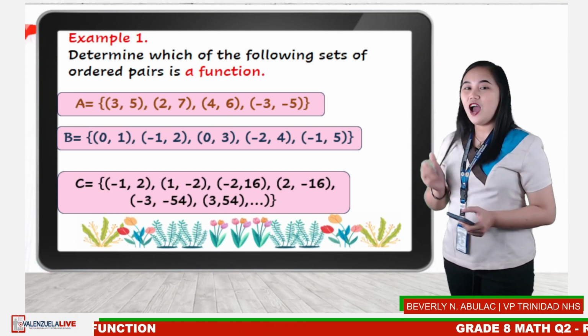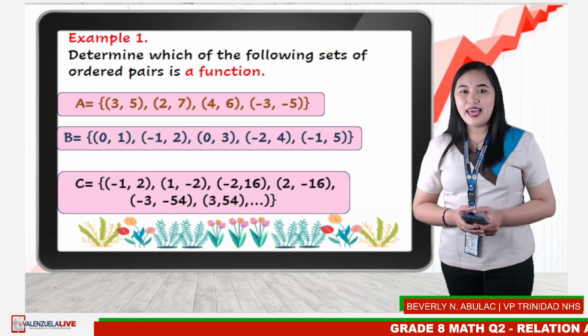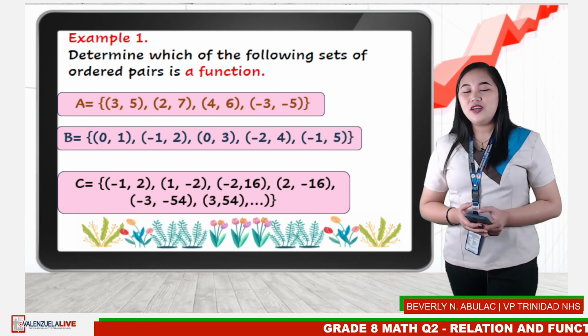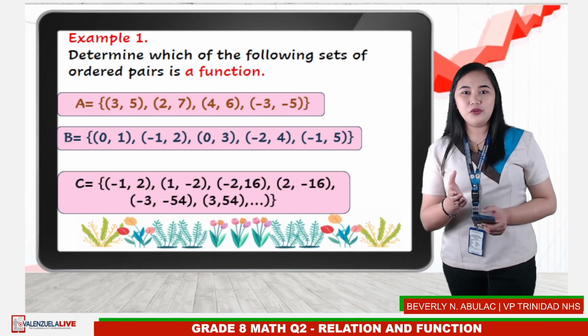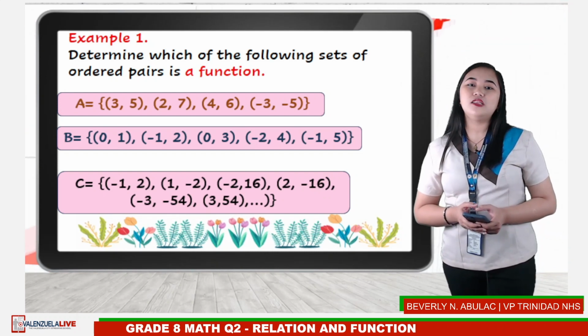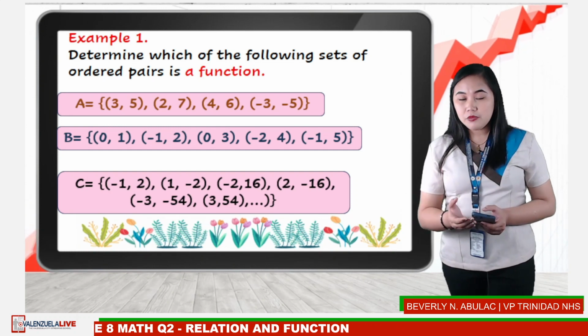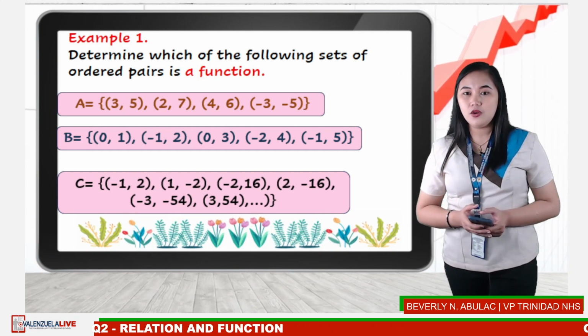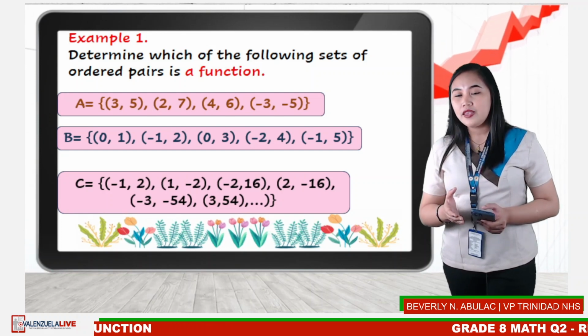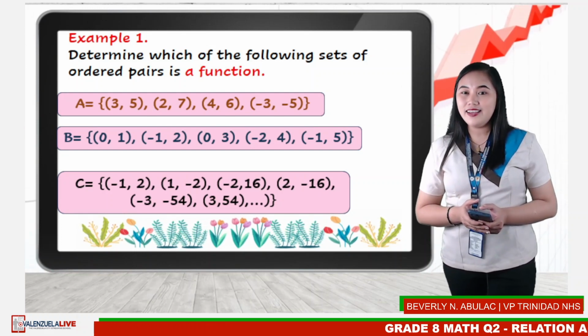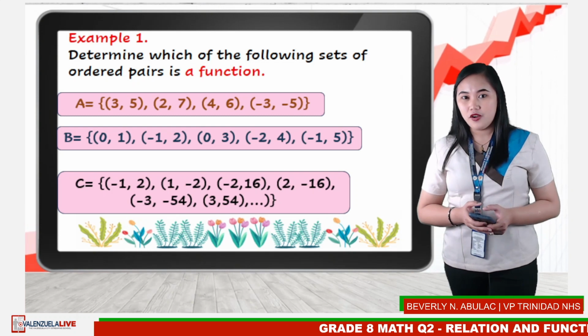And in set C, we have (-1, 2), (1, -2), (-2, 16), (2, -16), (-3, -54), and (3, 54).